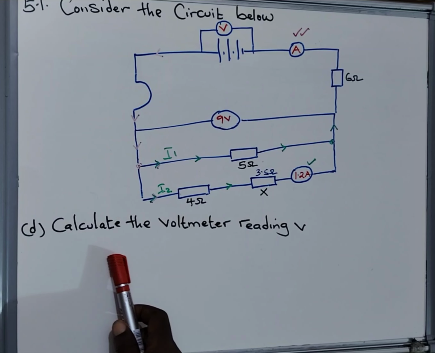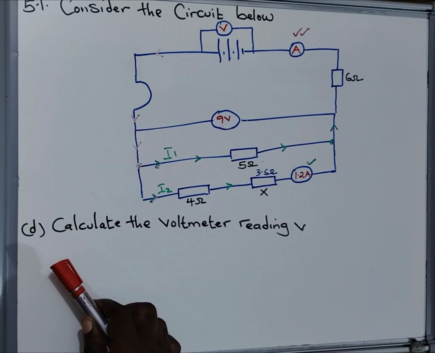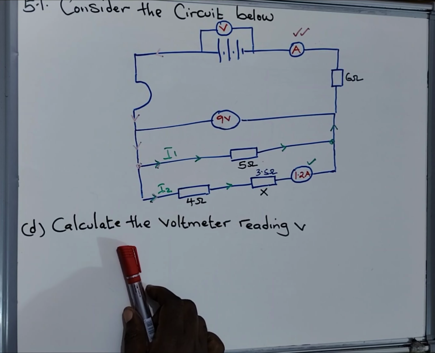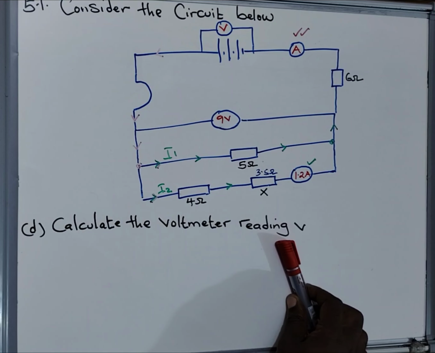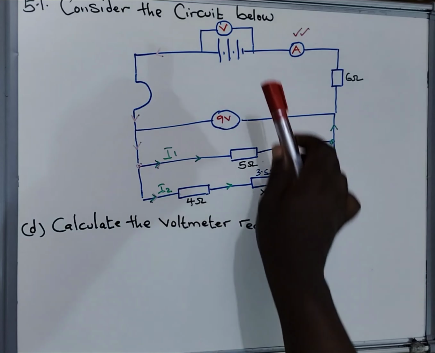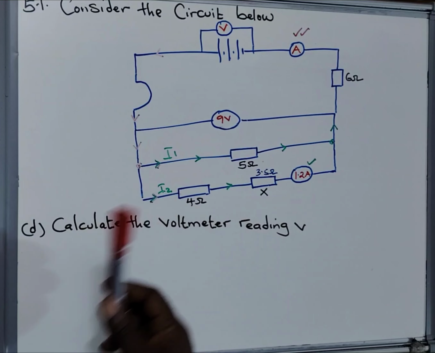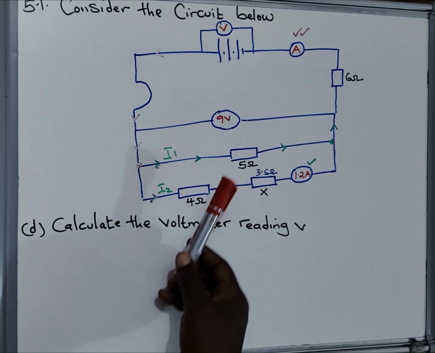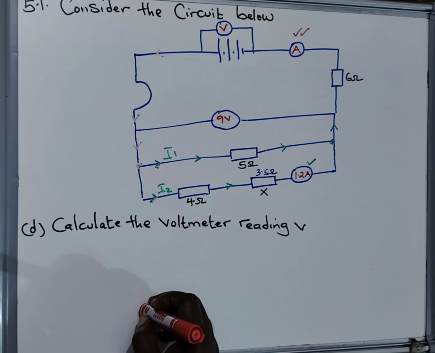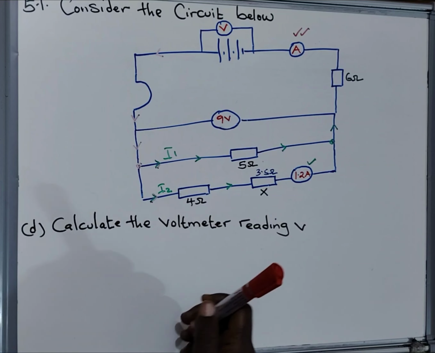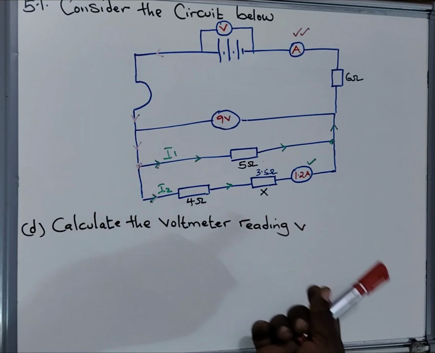Then comes this question. It says, calculate the voltmeter reading V. This is the V they are talking about. This one has so many approaches. You can use VT is equal to ITRT because everything is known.